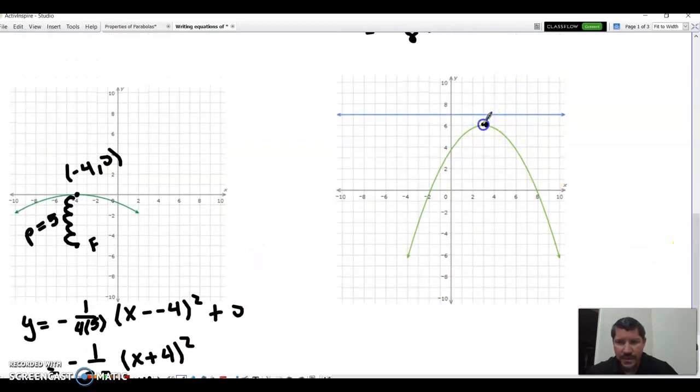Okay, so vertex this time is now 3, 6. The directrix is at y equals 7, so the distance is 1.